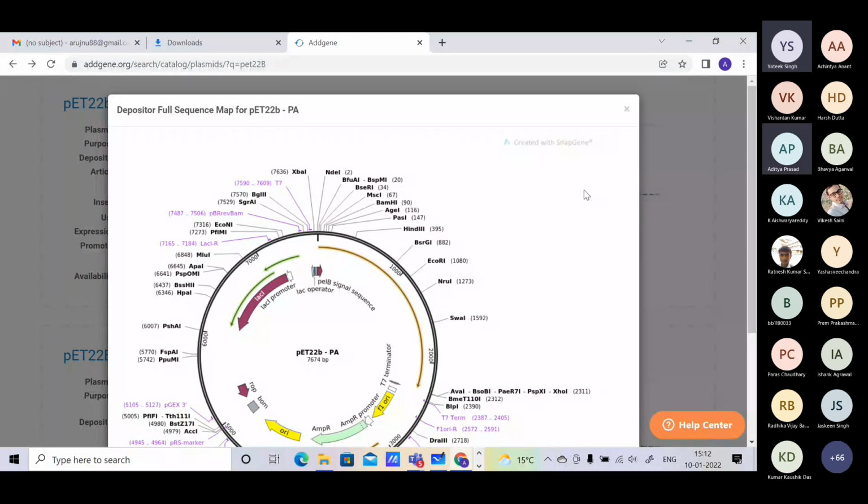Do you have an understanding of what the OD of a culture is? What does an OD of a culture mean? Sir, when we look at it through the spectrophotometer, we want to know the cell density. But what is OD? Optical density.